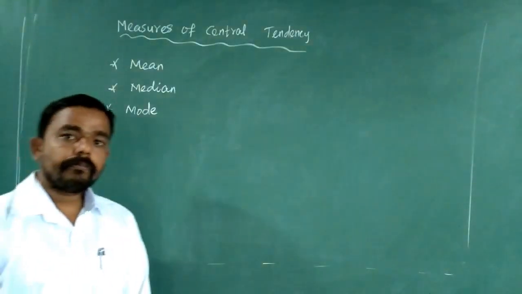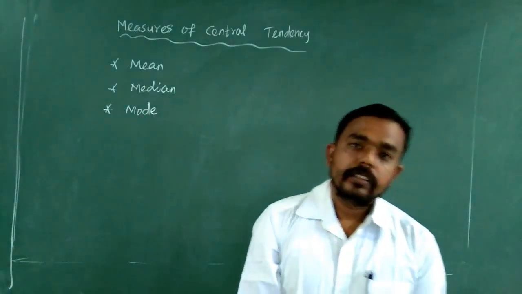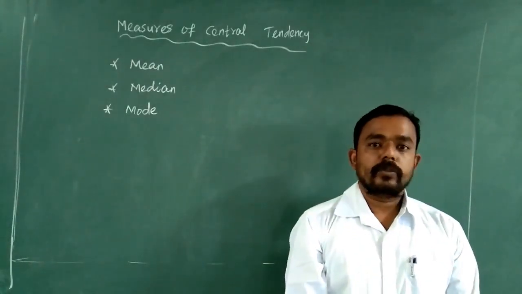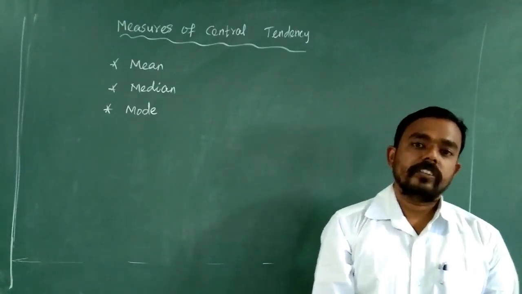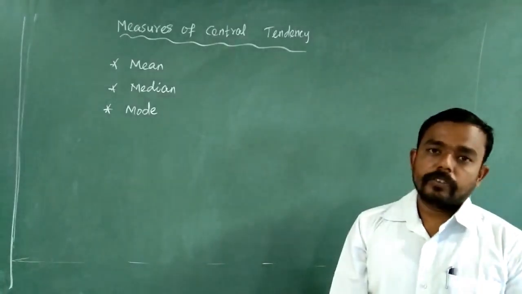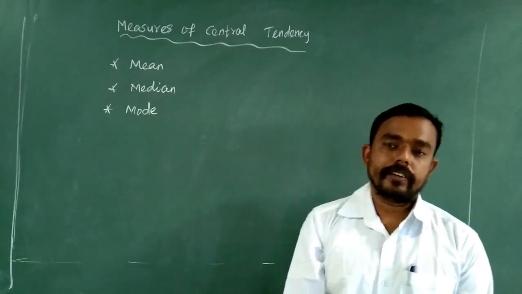Median is the middle place. Automatically the question arises, whether the middle place is one number, two numbers or three numbers, when you are going to solve for the median. For that, you arrange the data in ascending or descending order.